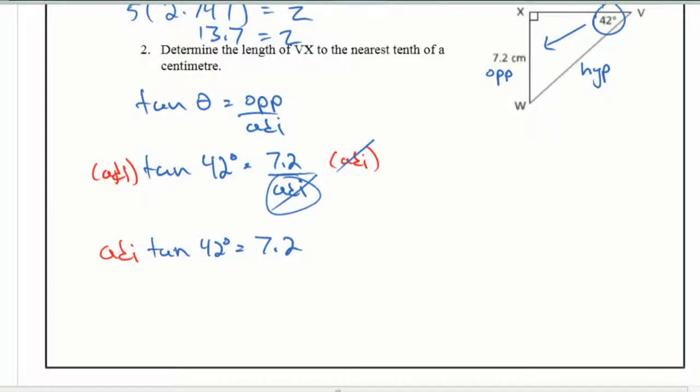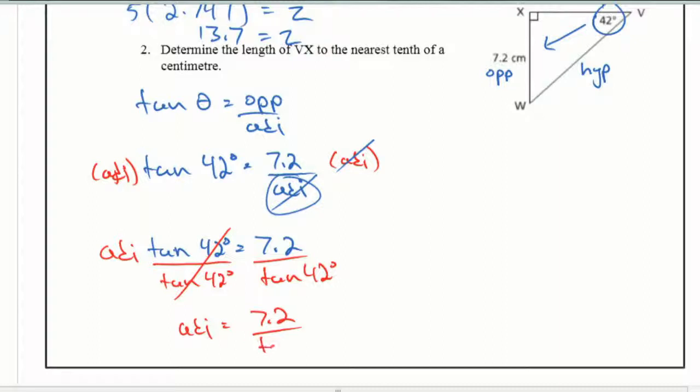Then I'm going to divide both sides by the tangent of 42 degrees, and that's going to cancel here. What I'm left with is the adjacent is equal to 7.2 divided by the tangent of 42 degrees. I'm just treating this tangent of 42 like it's a number.